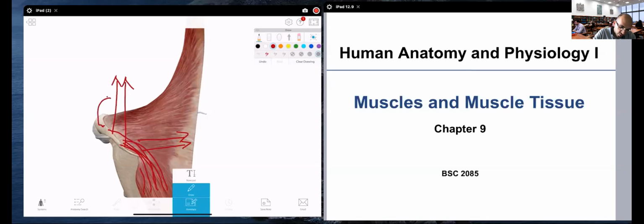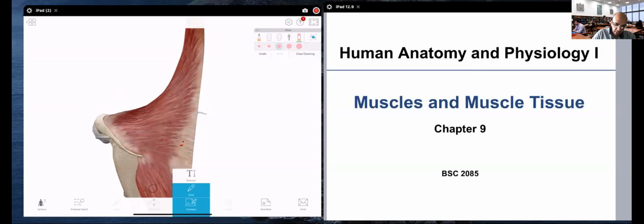So this allows rotation of the scapula. So if I'm fixing the origin and I'm pulling on the scapula for the scapula to move, I can perform elevation of the shoulder, retraction of the scapula, and rotation of the scapula.